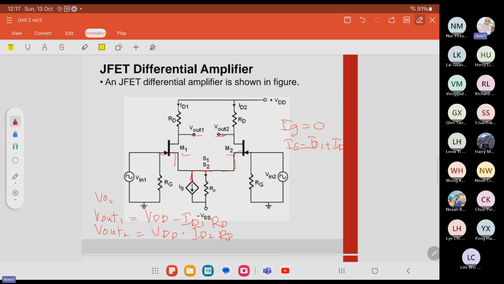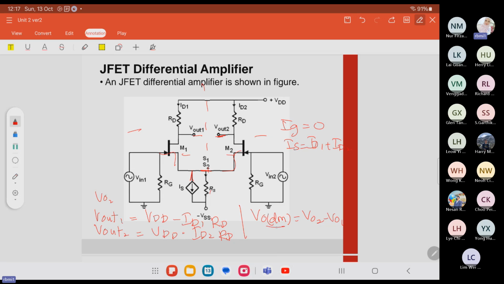And for Vout DM equals Vout2 minus Vout1, because we have two stages here, 1 and 2.